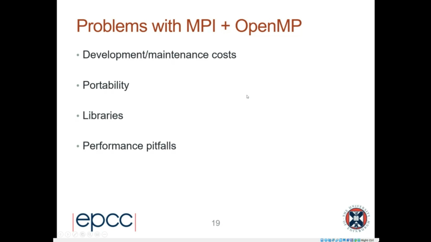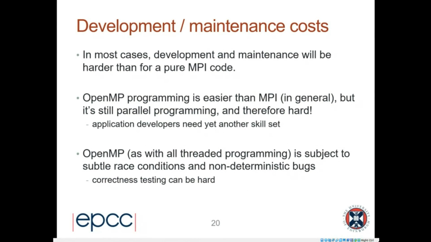Okay, so I'll go through this in 10 minutes. Development and maintenance will be harder than for pure MPI code. OpenMP is easier than MPI, but it's still parallel programming and it's quite hard. OpenMP has subtle race conditions and non-deterministic bugs. It's very rare in MPI to have subtle bugs.